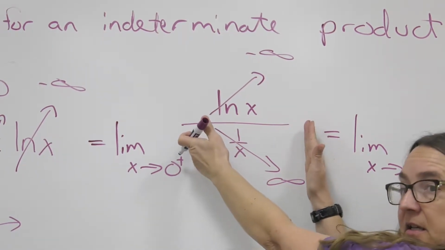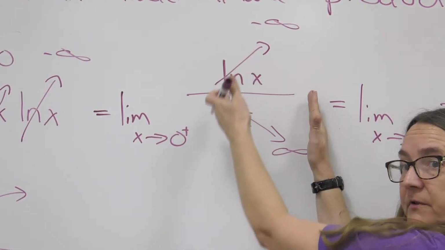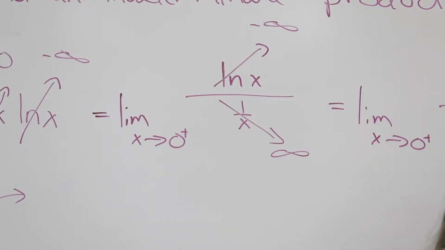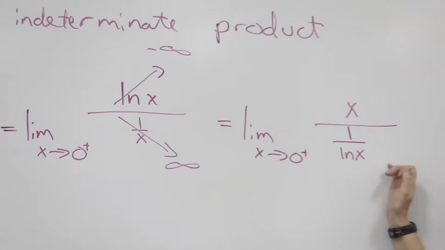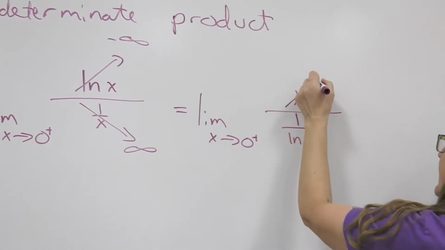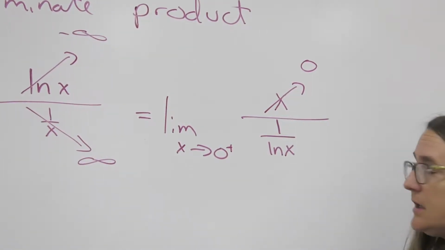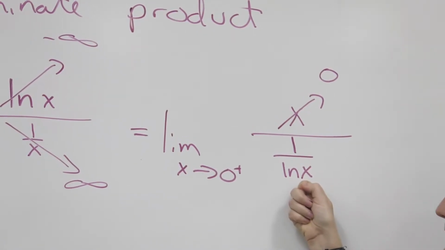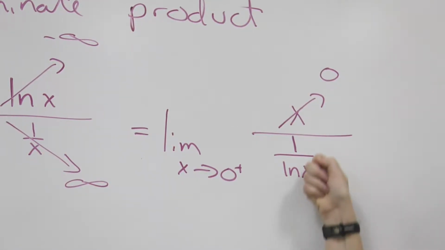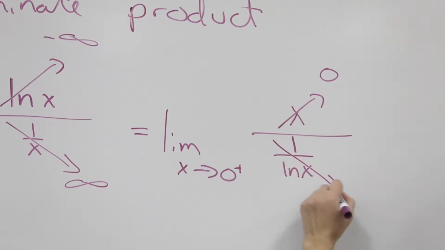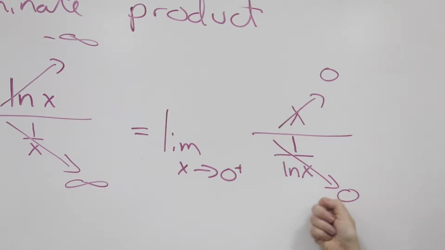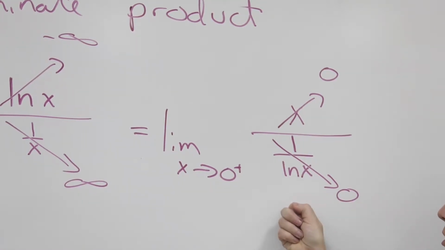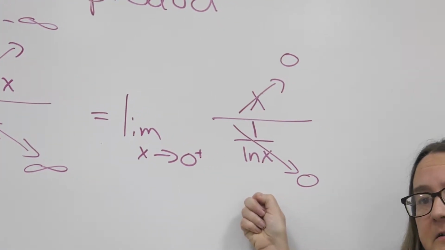So this is giving me an indeterminate quotient of the type infinity over infinity. If we look here at this option, we've already stated x was going to 0. The natural log of x was going to negative infinity, so its reciprocal would be going to 0. So this version gives me an indeterminate form of the type 0 over 0.